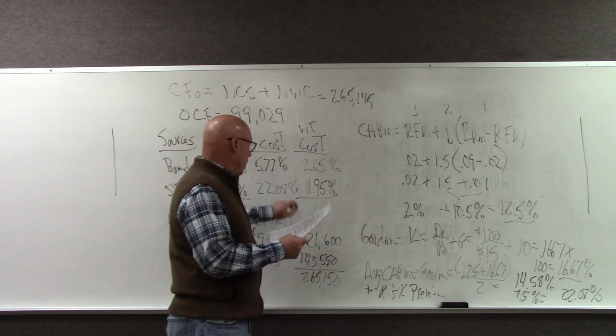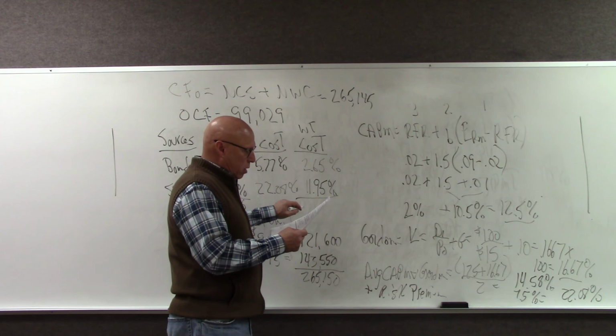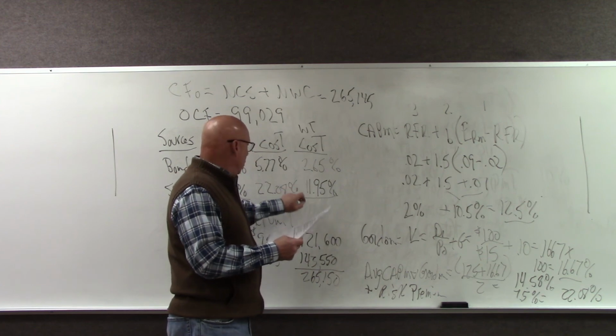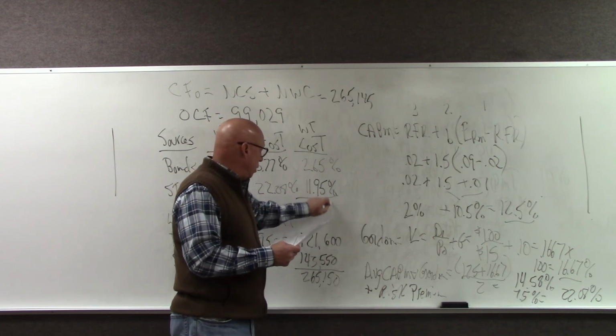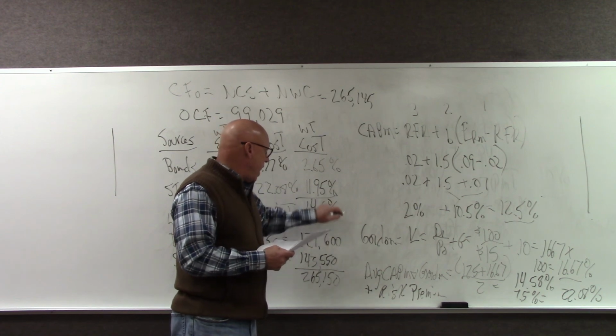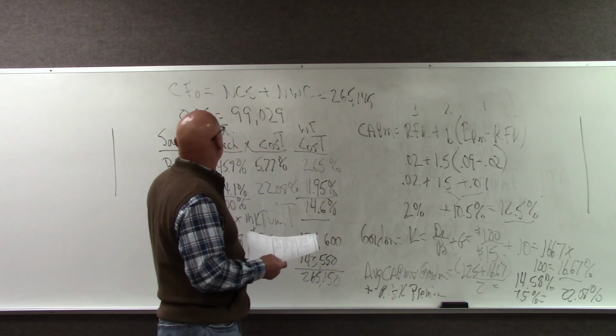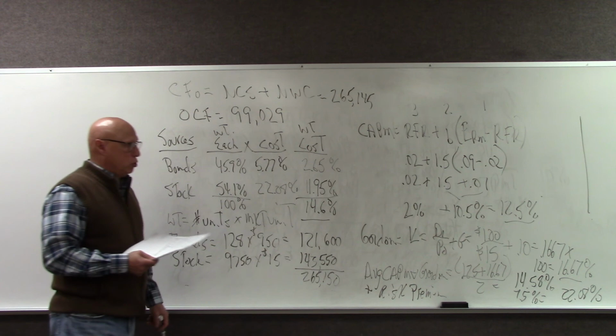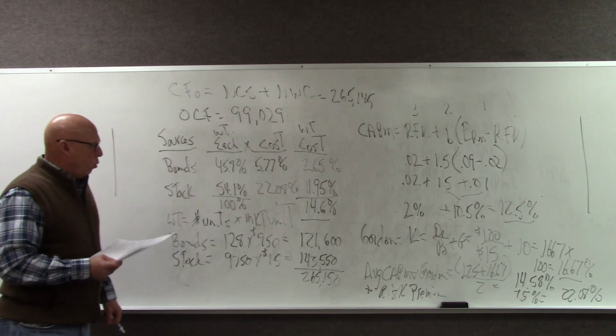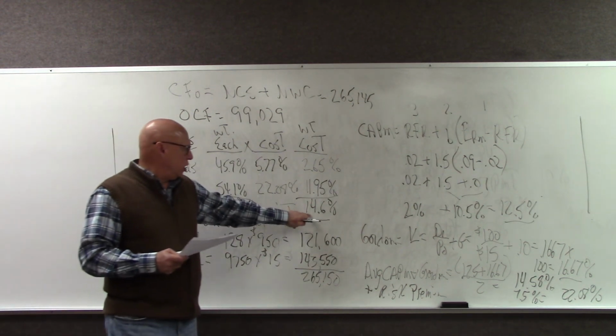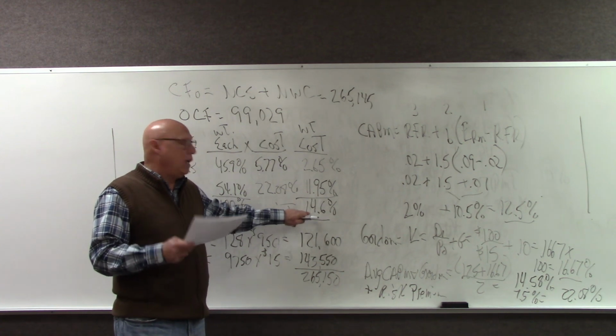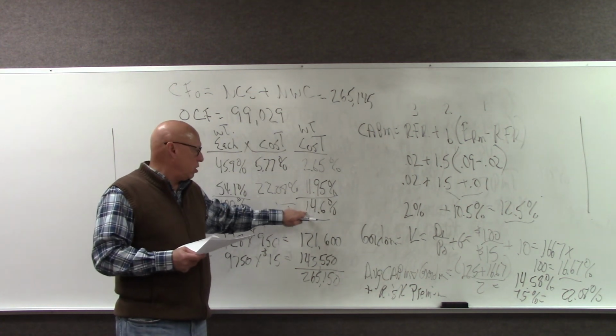We're going to add them together, and we get 14.6%. And that is your K. 14.6%. Okay? All of this to get your discount rate. NPV I equals your discount rate.